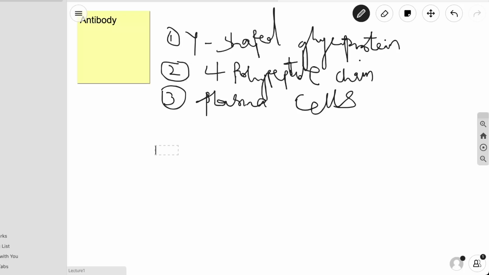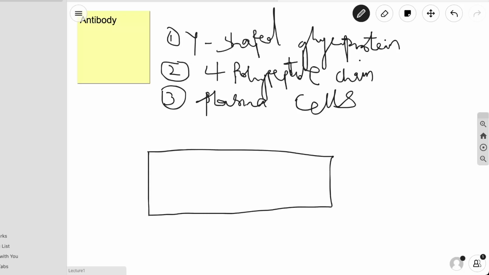Now, I need to draw it. So this is a cell. This cell has a negative charge here and a positive charge here. And we have the plasma proteins located here towards the negative side. So if I ask you where you can find the plasma proteins, just note that they are located towards the negative side.